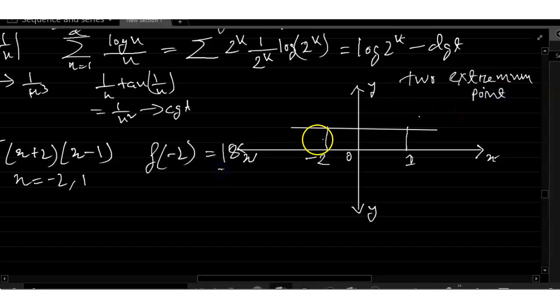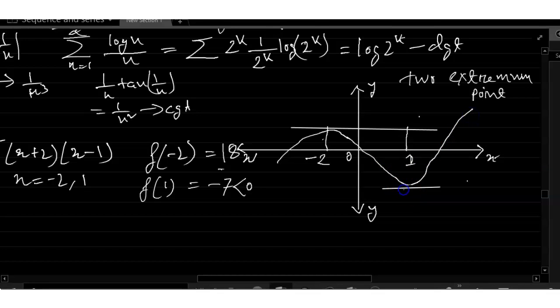As f of minus 2 is 18, the graph goes this way, and f of 1 equals minus 7, so it is negative. So this is the extremum point, and this is the maximum, and this is the minimum.